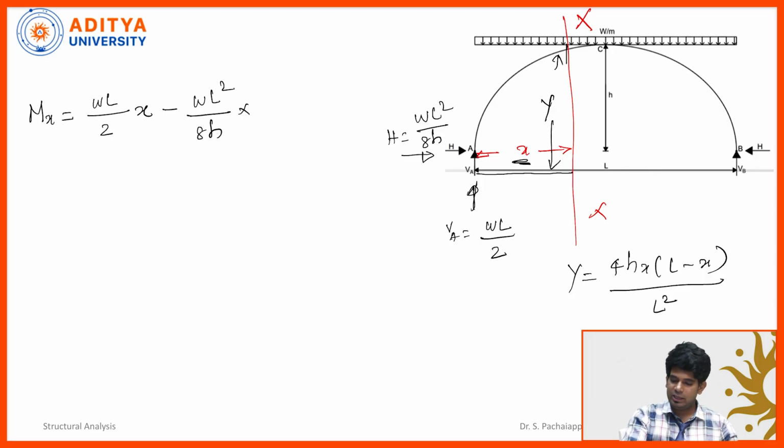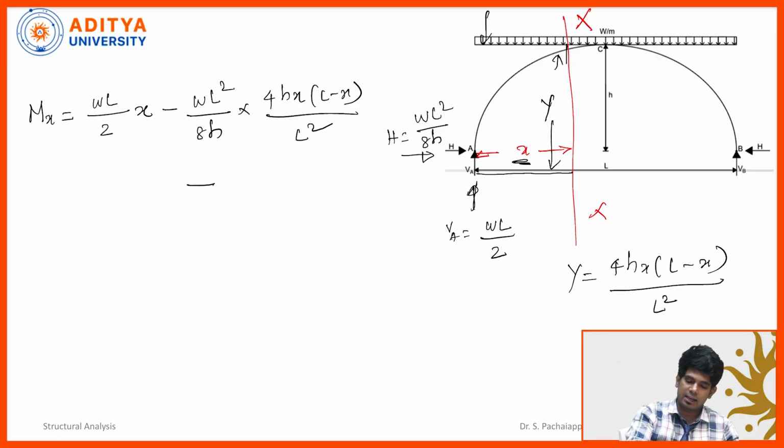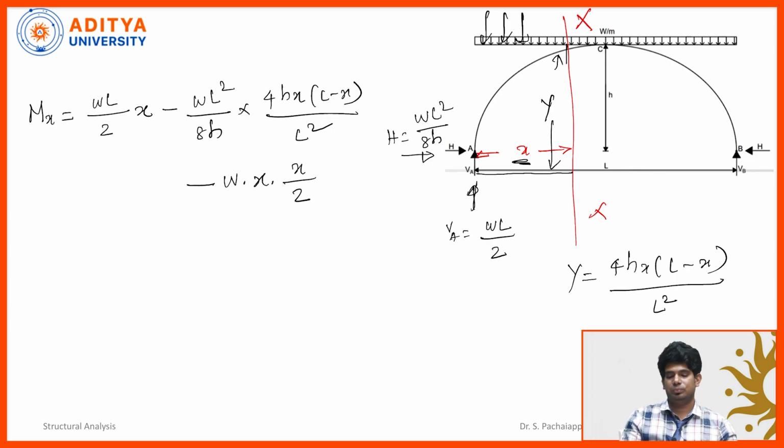The y value is this one: 4 times hx multiplied by L minus x divided by L square. And then we have the load also. We are supposed to calculate that. The load is acting in a downward direction, so minus W multiplied by x. Since it is a UDL, it will act at a distance of x by 2.